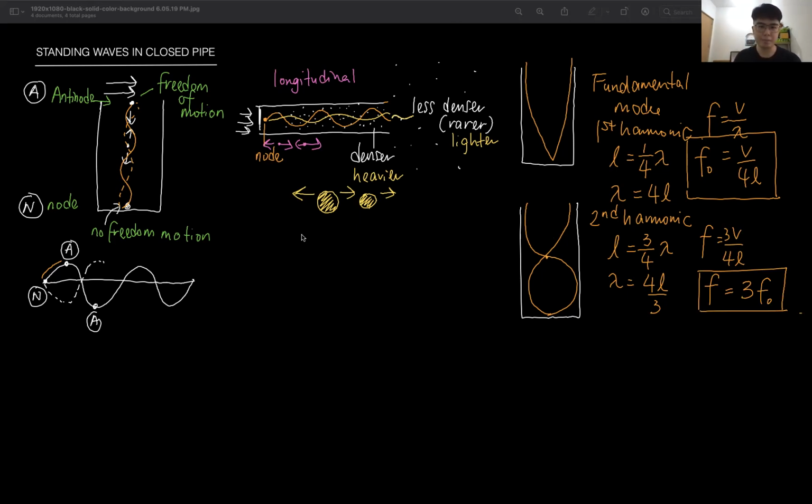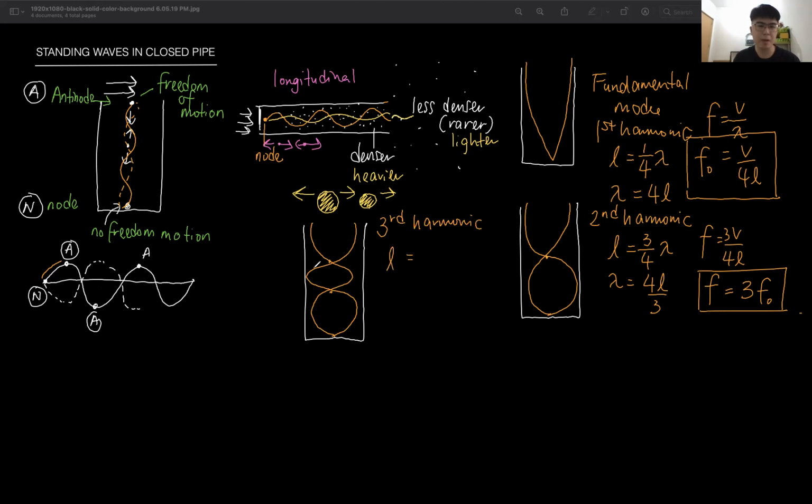Third harmonic. The next antinode is over here. This is two loops and a half, so two nodes in between. You get two loops and then half, like this. Third harmonic.